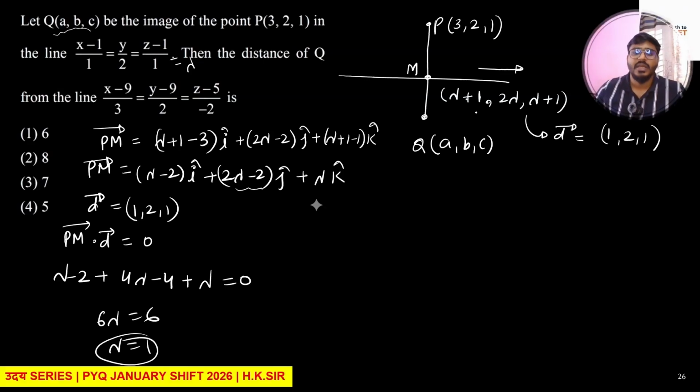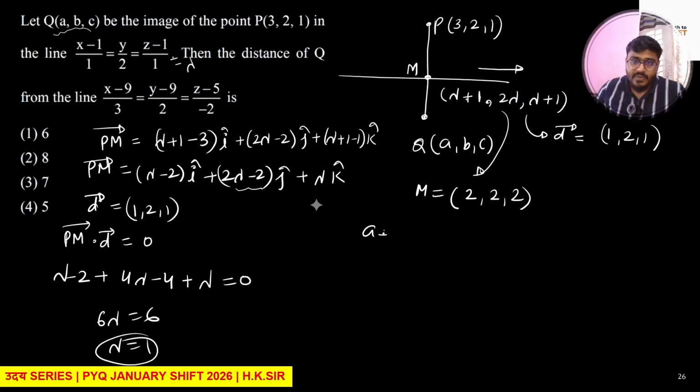If lambda is 1, can you tell me the coordinates of point M? Point M is, lambda is 1 now, 1 plus 1, 2, 2 and 2. So if M is 2, 2, 2 and point P is given, can you find the coordinates of Q? Yes. So how to find? Use the midpoint formula.